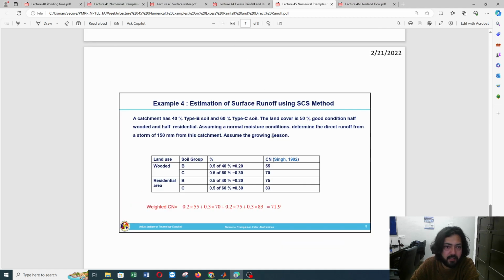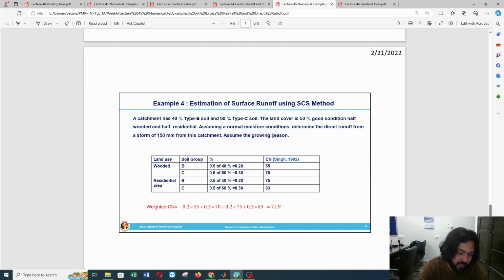So let us see this example. Here they are saying there is a catchment which has 2 types of soil, right? The catchment has type B soil 40% and type C soil 60%, and the land cover is 50% good condition, half wooded and half residential. So there are 2 land uses and 2 groups of soil.